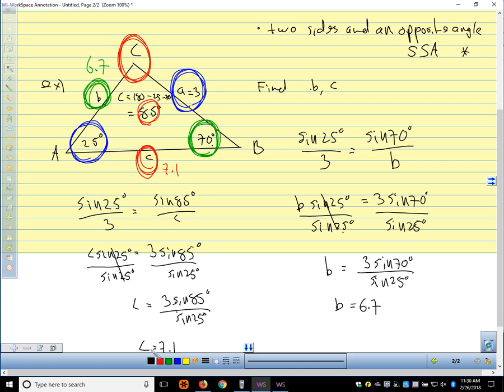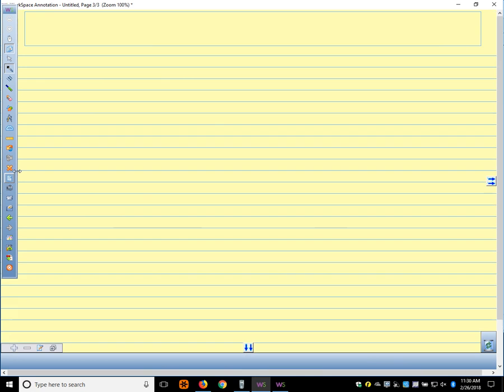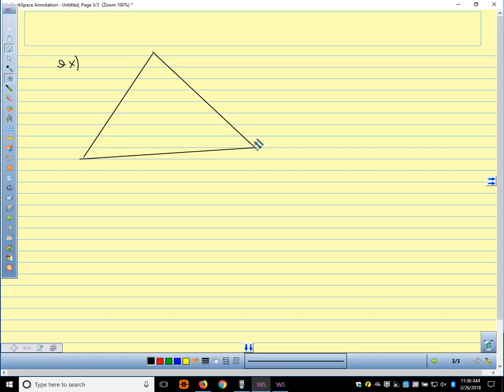All right, I want to set up one example where we have to find an angle. So here's my triangle. Whoops, that's not what I wanted. I wanted this. We'll call this X, Y, and Z. And we'll say angle Y is 45 degrees.